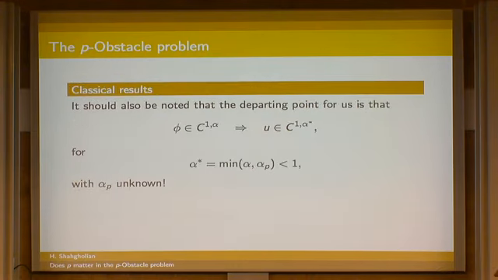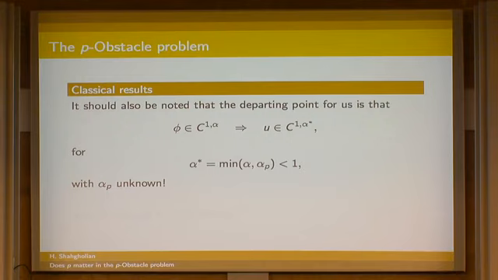Okay. So classically we know that if phi is C^{1,alpha}, then u is going to be C^{1,alpha star}. Alpha star is just the minimum of alpha and alpha p, and that alpha p comes from the regularity of the p Laplacian. And we don't know what it is. And this is less than 1.